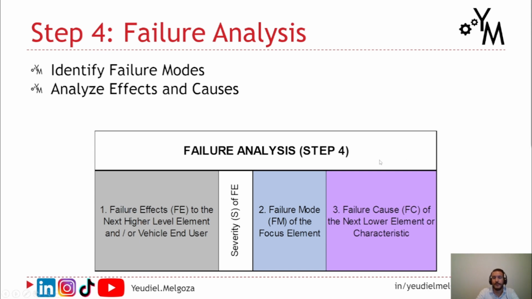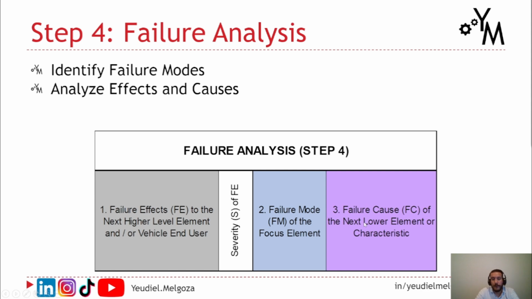A failure mode represents any manner in which an item, in this case the focus element, again we are going to start here, could fail to meet the intended function. So it is highly important to have a clear understanding of what the intended function or intended purpose of that subcomponent or focus element is.